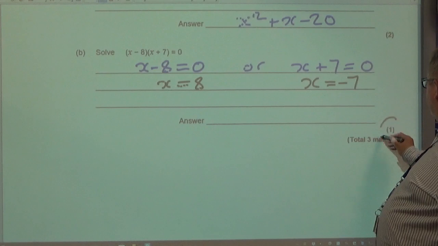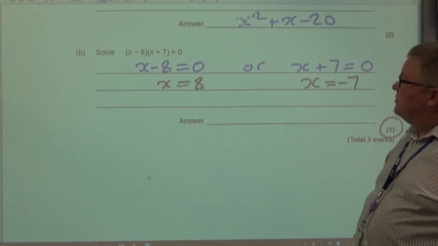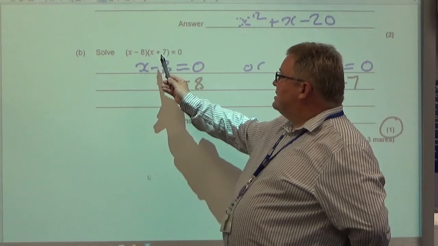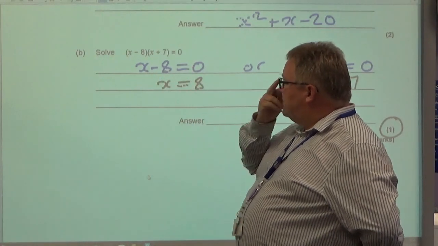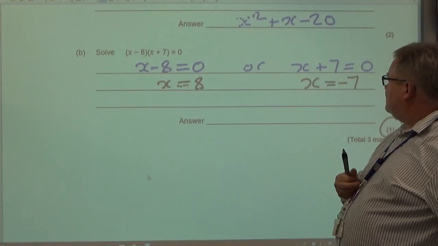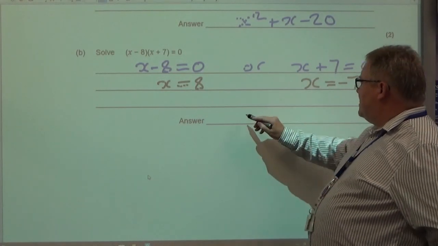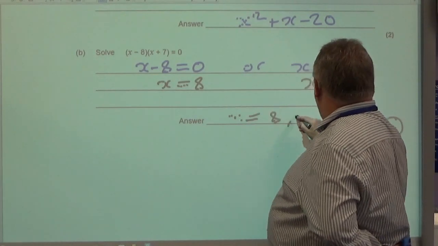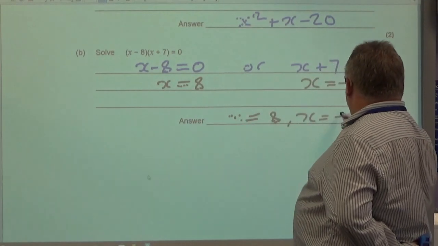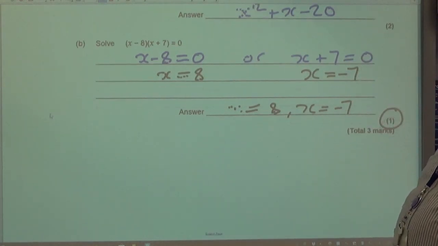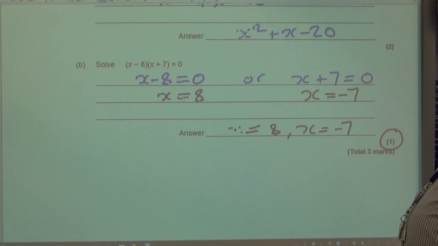So another nice, easy mark, and it is the sort of question I think could come up with a quadratic, but it's up into that grade 5 boundary, but it's a straightforward one. So x equals 8, x equals negative 7. Okay, so starting to wind in towards the end of the paper now.